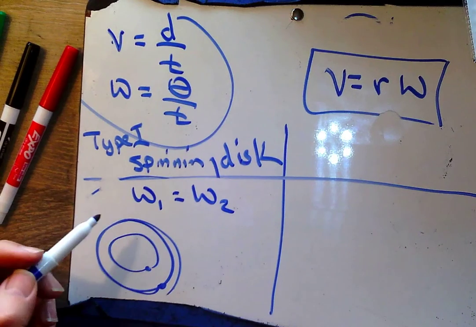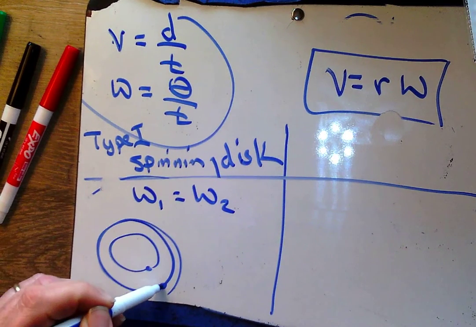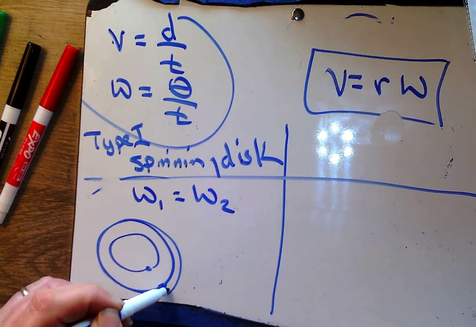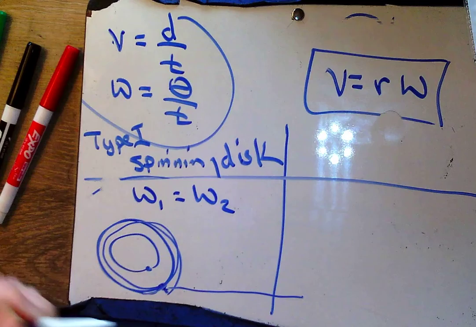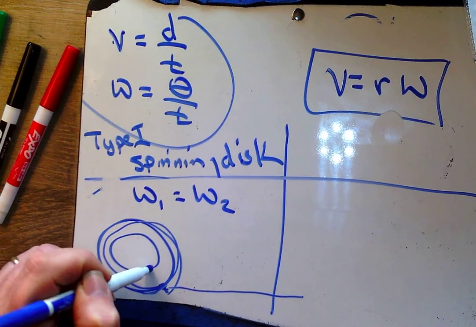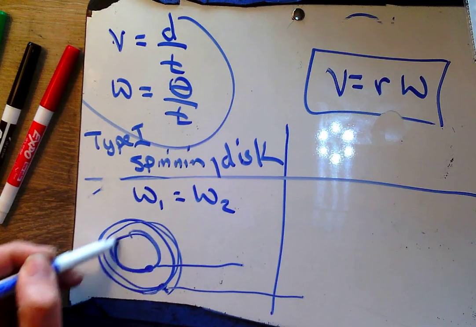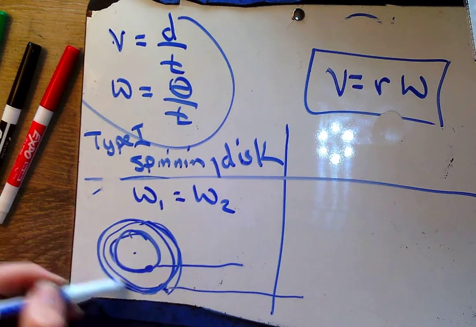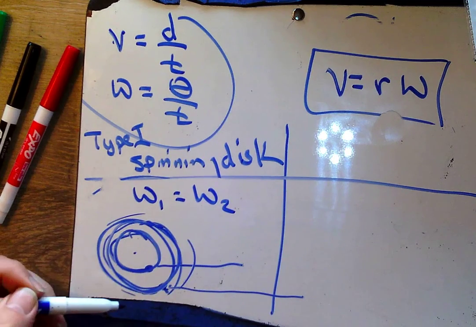Well, what about their linear velocities? What if we were to take this and put a little piece of tape here, and then roll the wheel out, and then measure that tape, and then put the piece of tape here, and roll that wheel out? Would this smaller radius circle travel the same linear distance as this one out here?